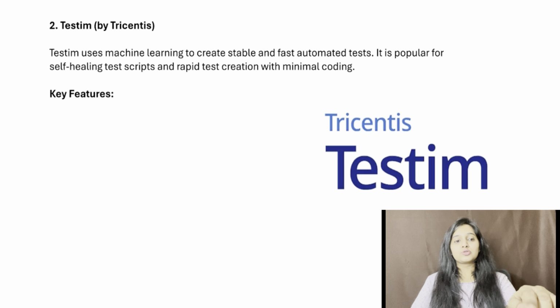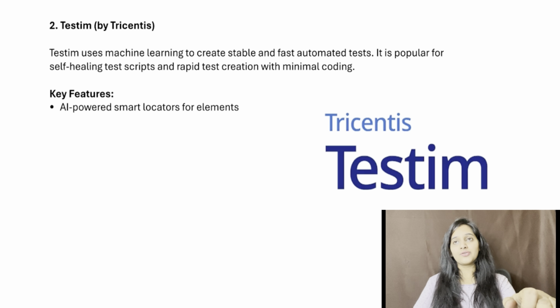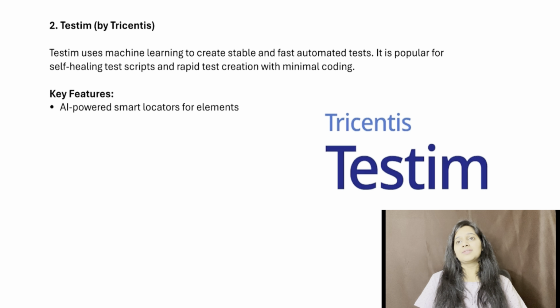So let's go through what the key features of Testim are. One is AI powered smart locators for elements. As I mentioned, self-healing. It will capture the smart locators. Smart locators in the sense that each tool works in different ways.